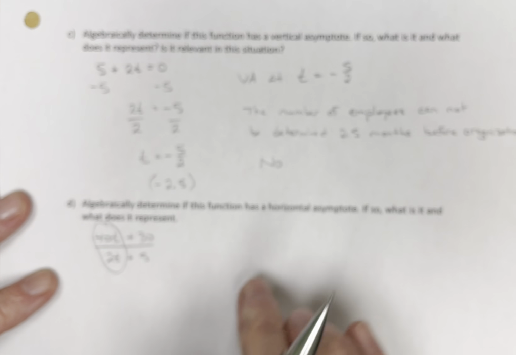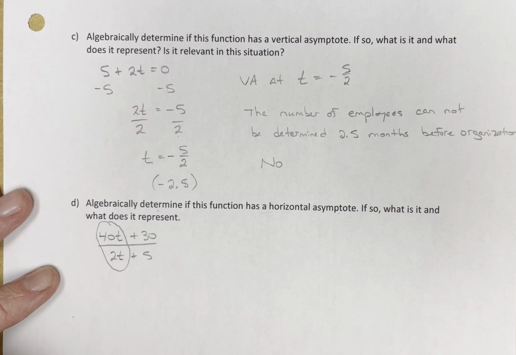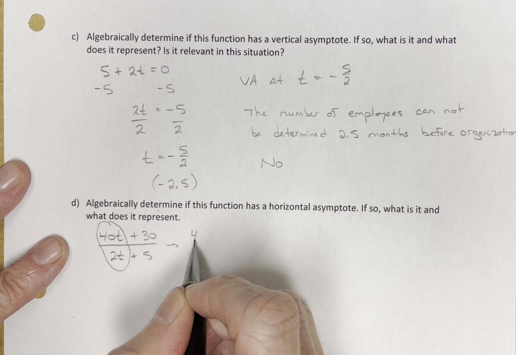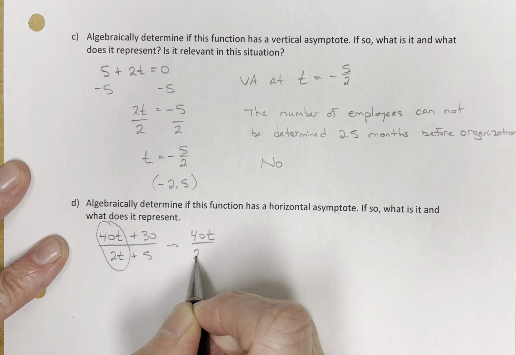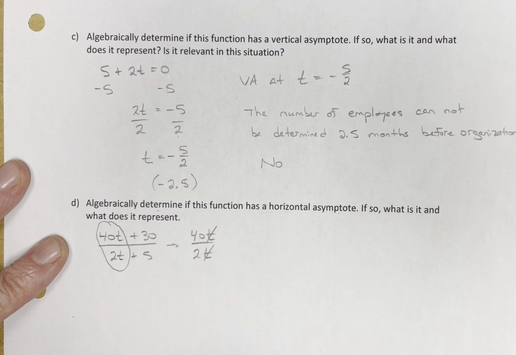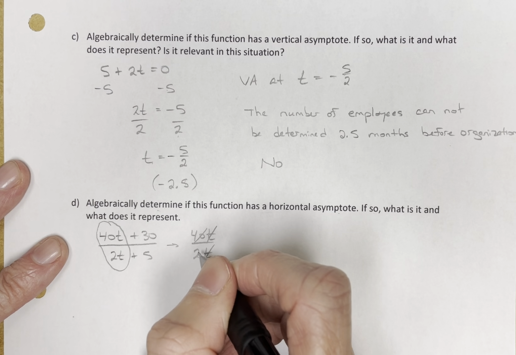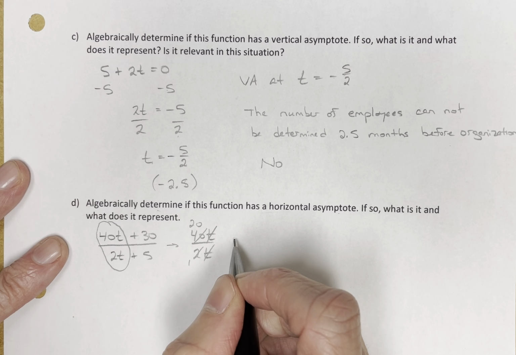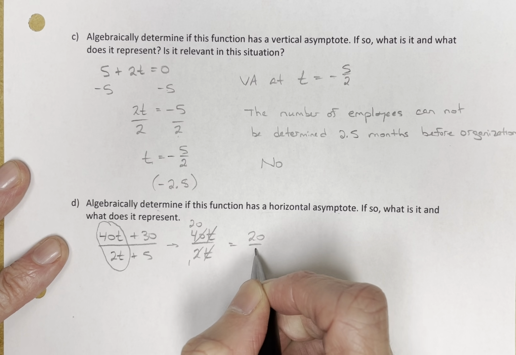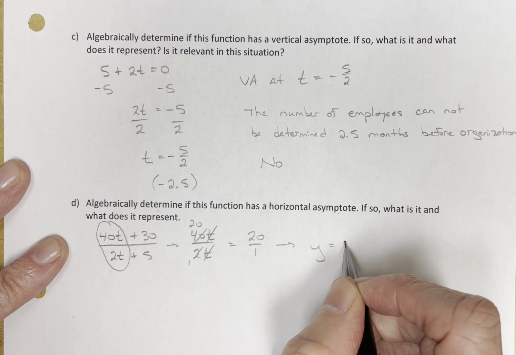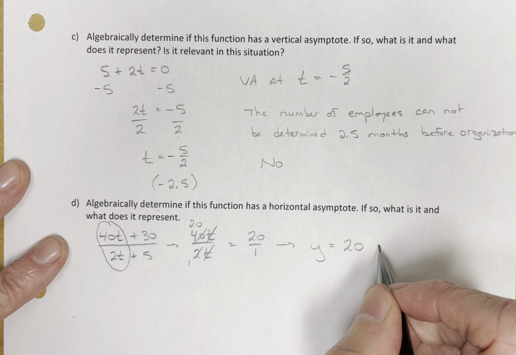That tells us we have 40 times t over 2 times t. The t's are common factors, and I can divide numerator and denominator by 20, so I have 20 over 1. So I do have a horizontal asymptote. It's at y equals 20.